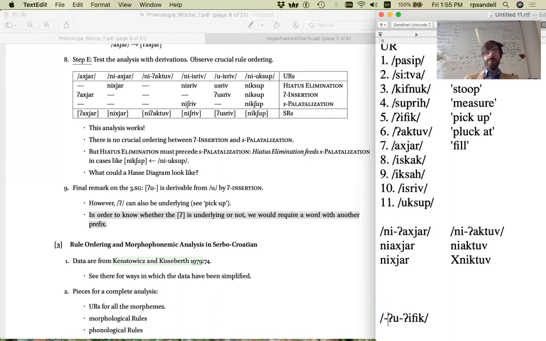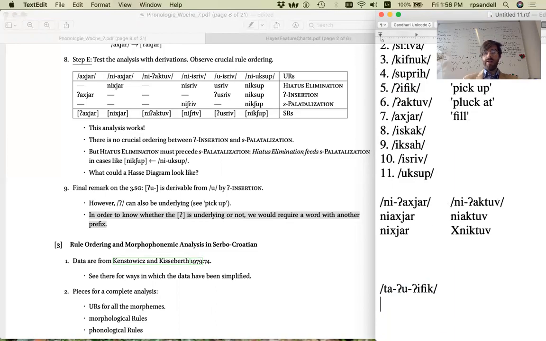If the language had some further vowel initial prefix, I'll invent a prefix ta. If this glottal stop in the third singular prefix is underlying, then the word would surface as ta-u-ifik.